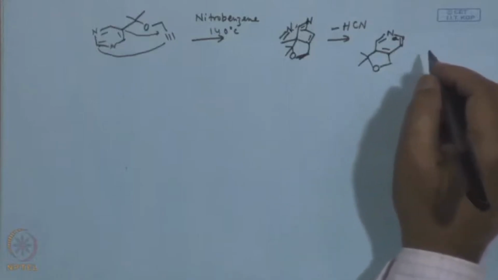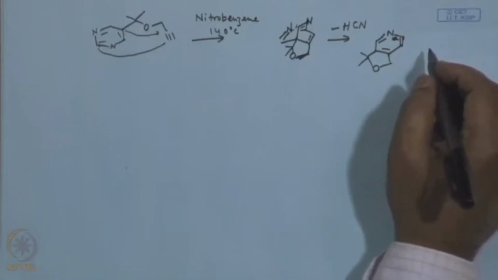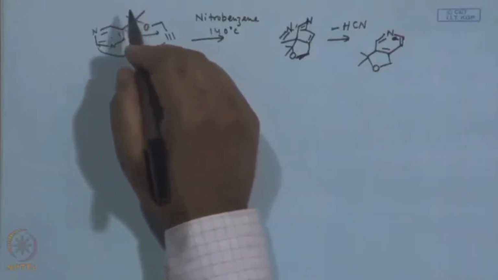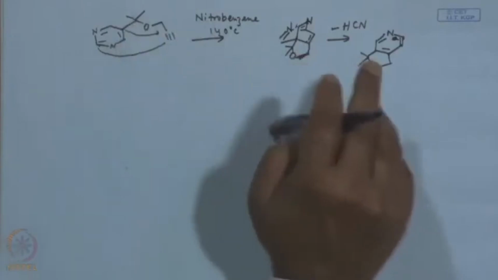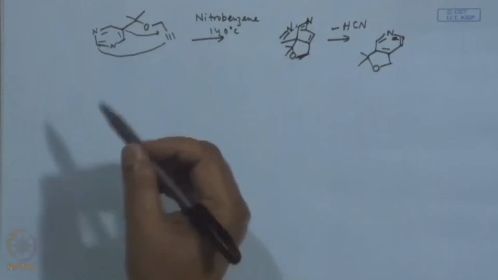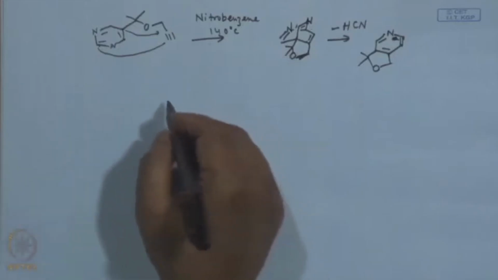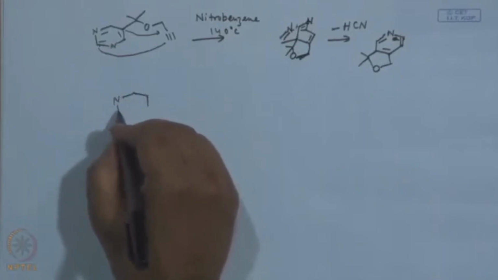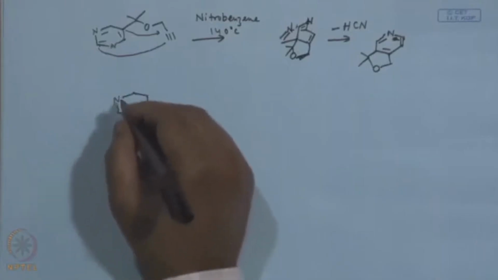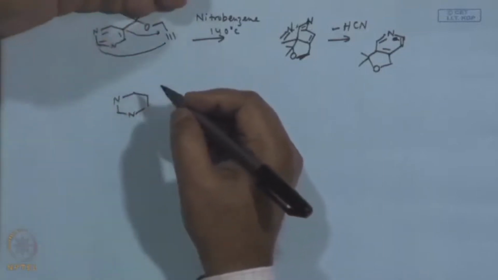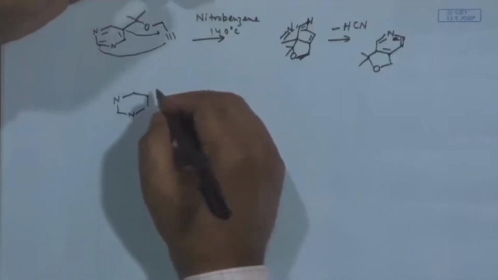Okay. And this reaction, obviously, many of you by now know that if the methyl groups are there, the intramolecular reaction is favored because of the Thorpe-Ingold effect actually. And then very similar reactions have also been tried. Because we have identified this as an inverse electron demand Diels-Alder reaction, right? If you do not have the methyl group, the reaction either does not take place or is very sluggish.